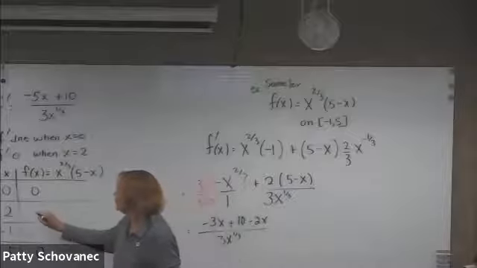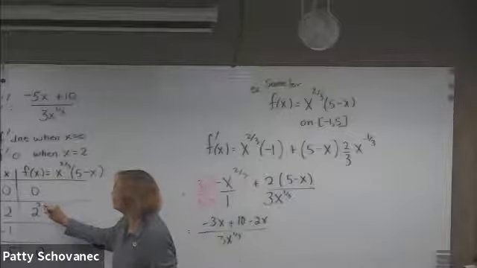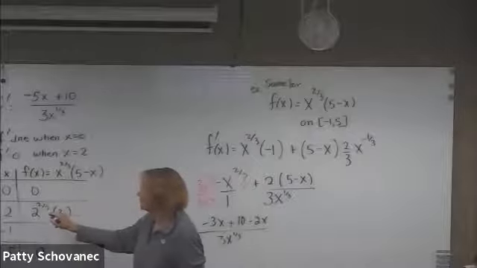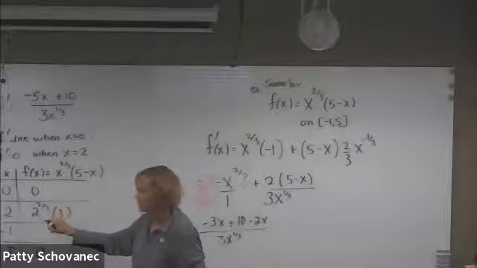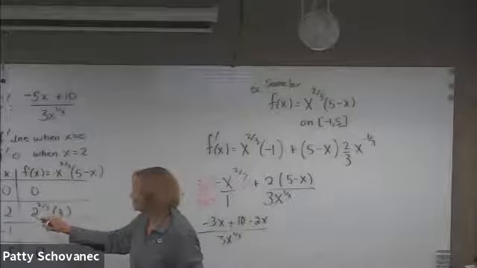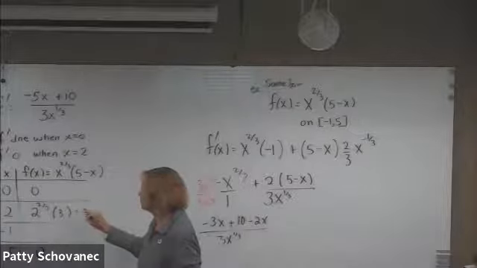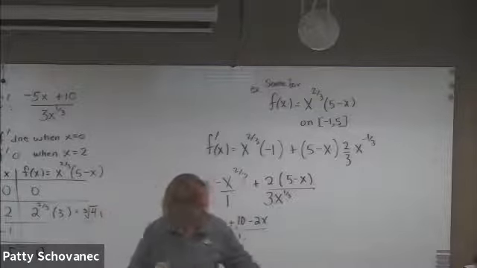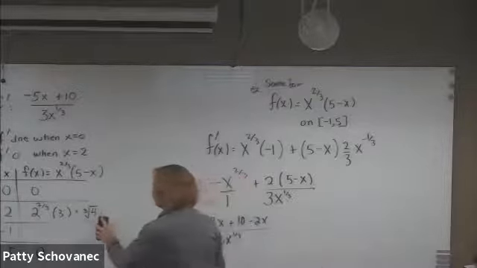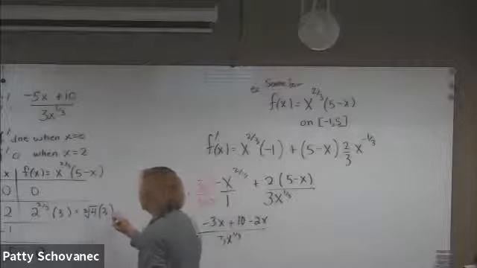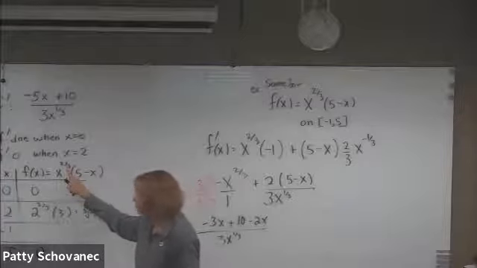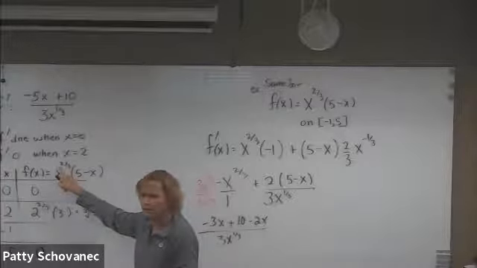So here it's 0. When I put a 2 in there, I have 2 to the 2/3 times 3. And I can write that as the cube root of 4 times 3, since 2 squared is 4. When I put a -1 in there, the cube root of -1 is -1. Squared is a +1.